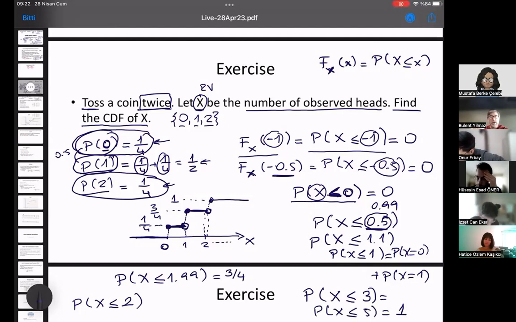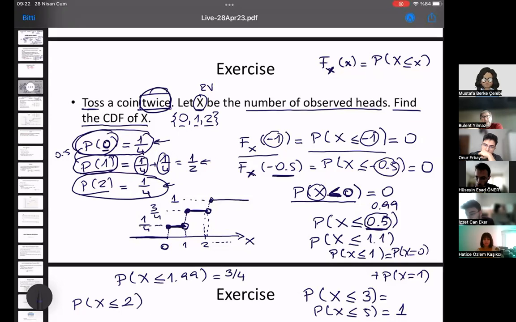A random variable obtaining 3 and above, 2 and above, is always 1. Why? Because it means, what's the probability of obtaining heads that are less than or equal to 2? Either it's 0 heads, or 1 heads, or 2 heads, right? 3 options. I don't have an option with a random variable which is 3, because I'm only tossing it twice.